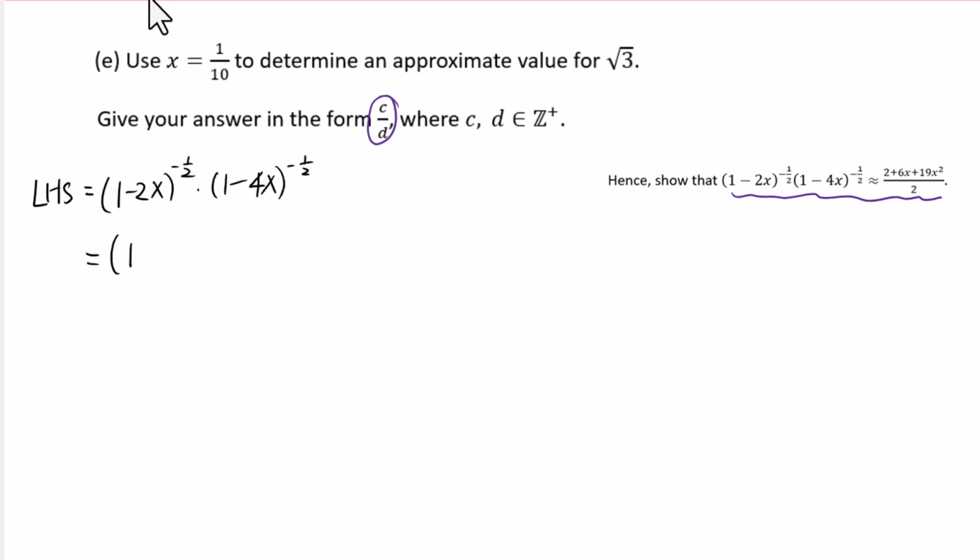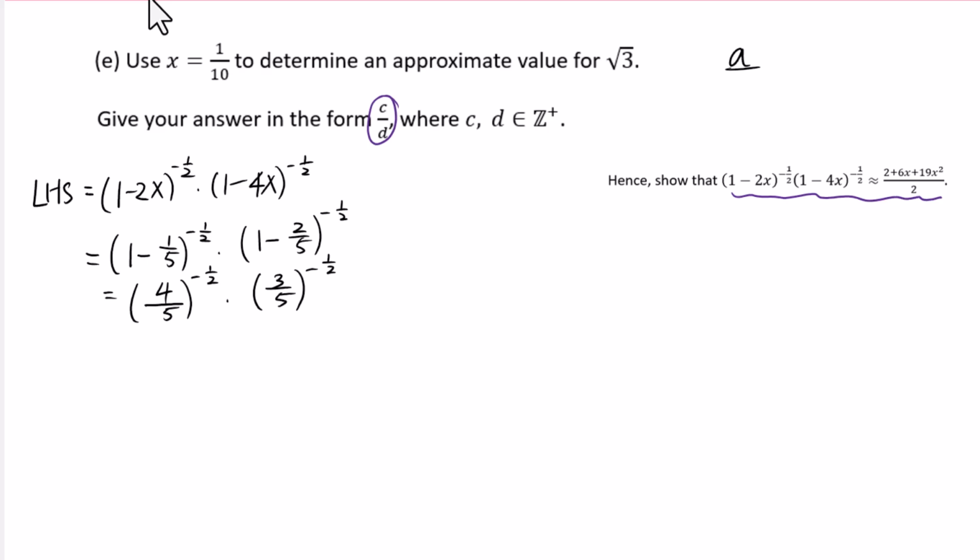Equals 1 minus 2 times 1 over 10, which is 1 over 5, to the power of negative 1/2, times 1 minus 4 times 1 over 10, which is 2 over 5, to the power of negative 1/2. Organize.